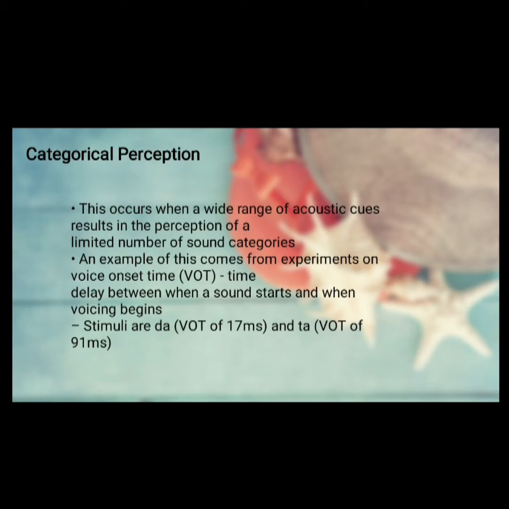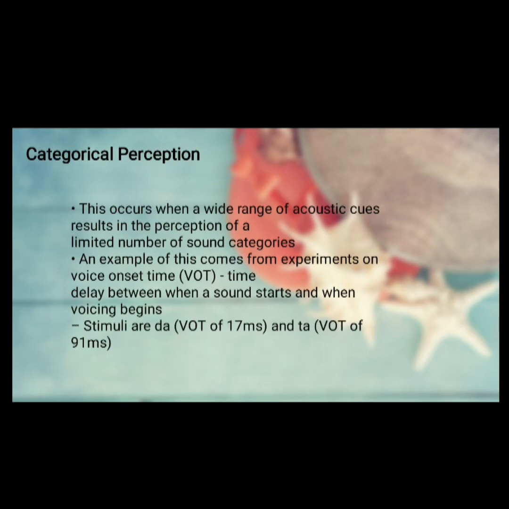Stimuli are DA, with a VOT of 17 milliseconds, or 0.017, and TA, with a VOT of 91 milliseconds, or 0.091.